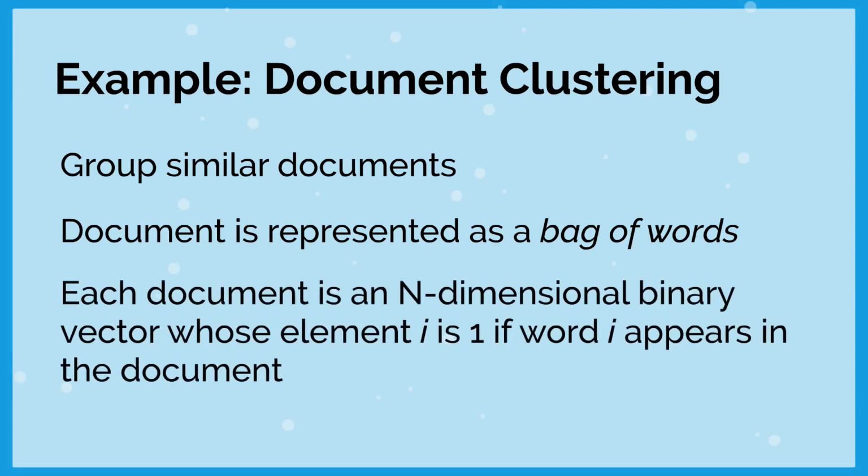And once we have that bag of words, that bag of words would be used as an n-dimensional input. It would be a vector whose element i is 1 if word i appears in the document or not. And then we can cluster these documents into similar types of documents.